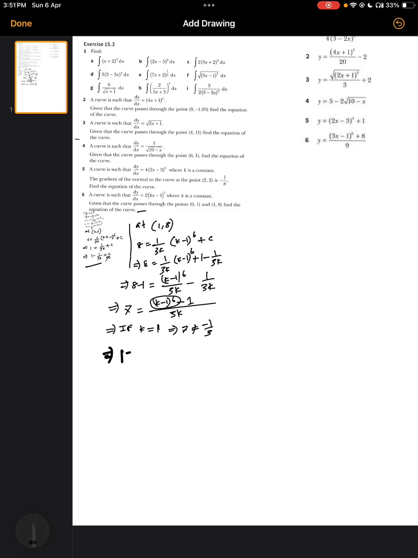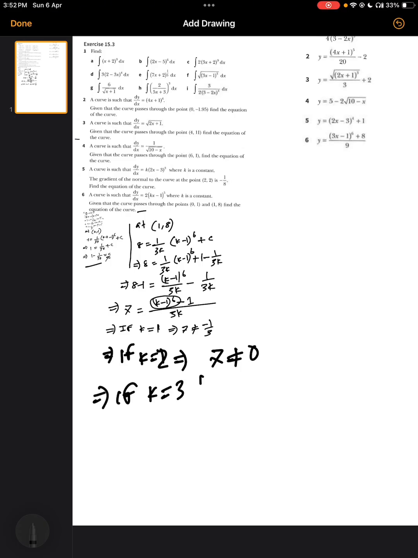My second case is k is equal to 2, then 2 minus 1, which is 1, 1 to the power 6 is 1, 1 minus 1 is 0, so 7 is not equal to 0.